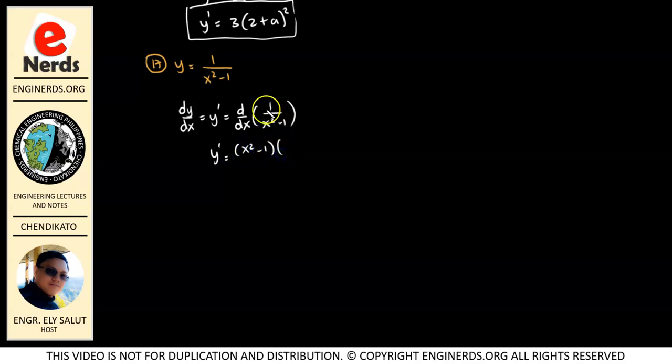The derivative of the numerator, which is a constant, so this is equal to 0. Then copy the numerator and take the derivative of the denominator, which is x squared minus 1. So the derivative of x squared minus 1 is 2x. Over, we will square our denominator, x squared minus 1 squared. So y prime is equal to negative 2x over x squared minus 1 squared.